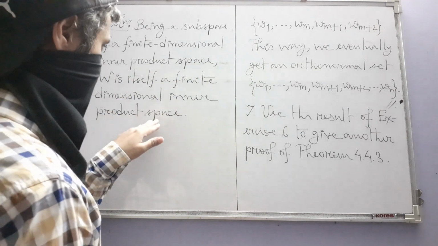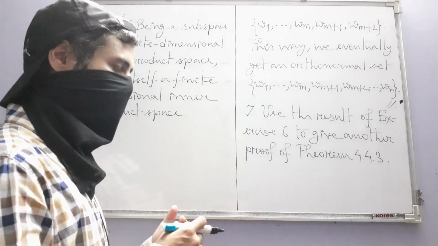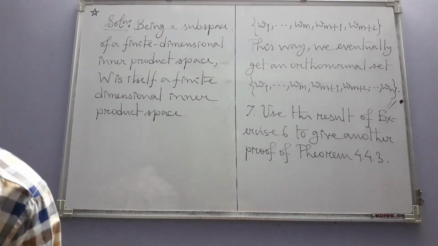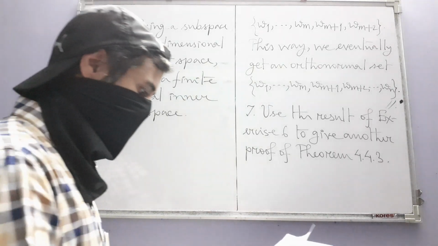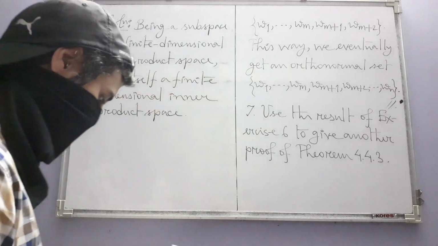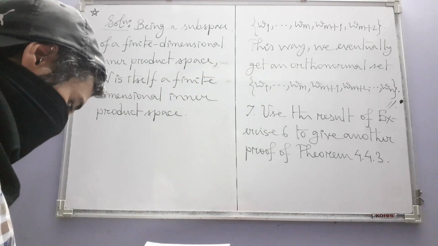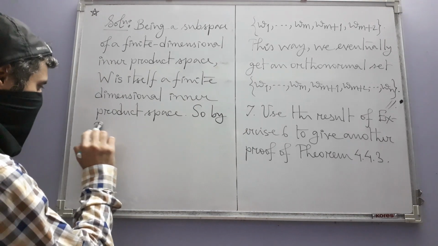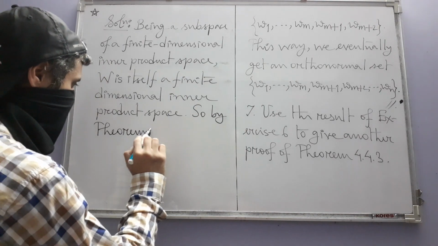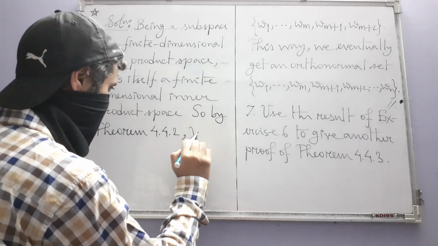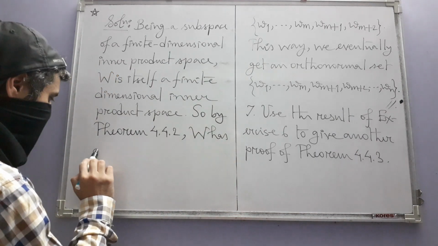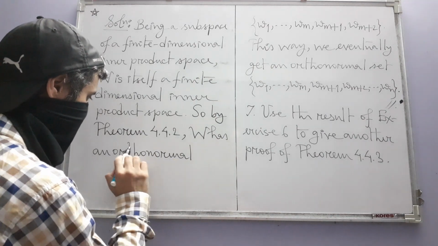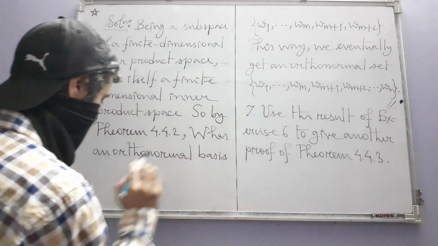Now, being a finite dimensional inner product space, W will have an orthonormal set as basis. We already know this result, and I keep forgetting the numbers of these theorems or lemmas. It's not possible to remember also. Yeah, by theorem 442, W has an orthonormal basis, this.